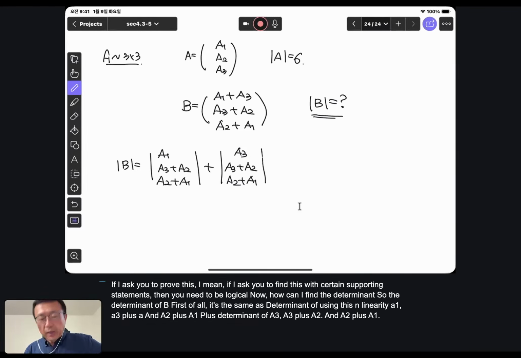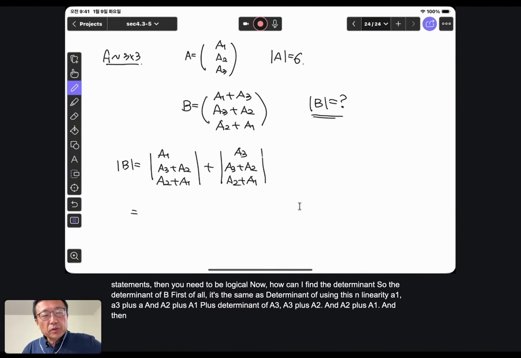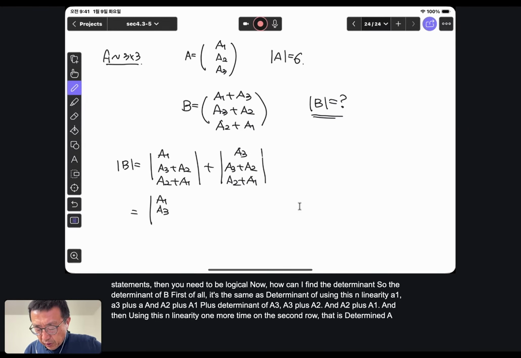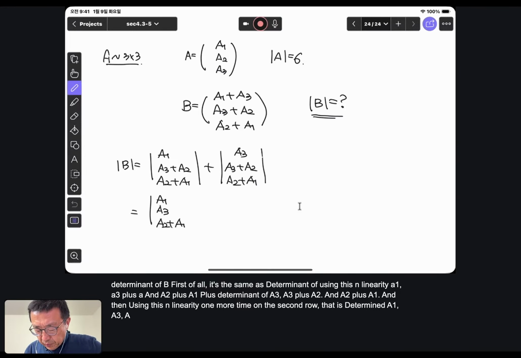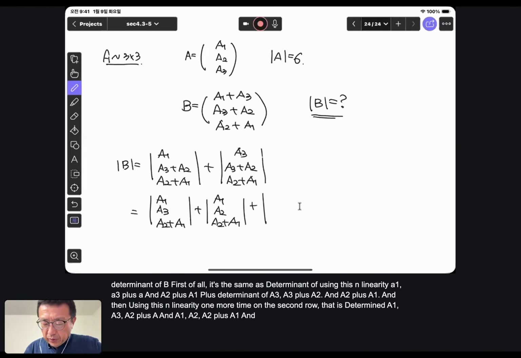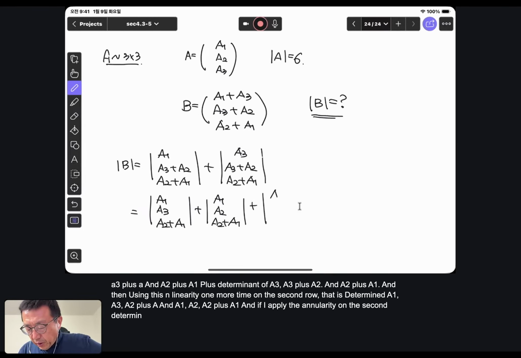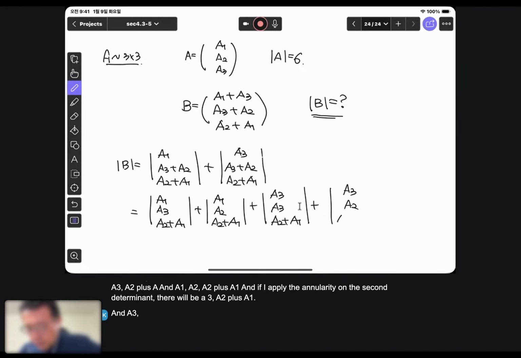And then using n-linearity one more time on the second row, that is the determinant of A1, A3, A2 plus A1, and A1, A2, A2 plus A1. And if I apply the n-linearity on the second determinant, that would be A3, A3, A2 plus A1, and A3, A2, A2 plus A1.